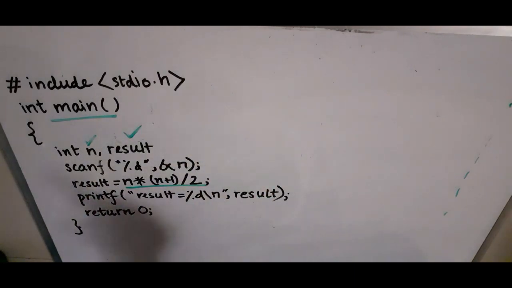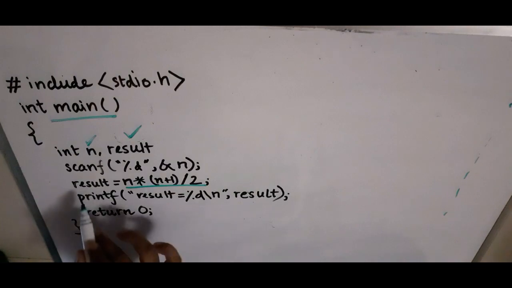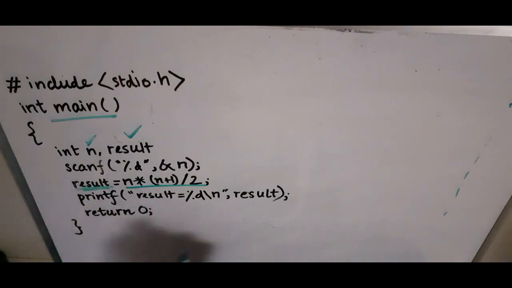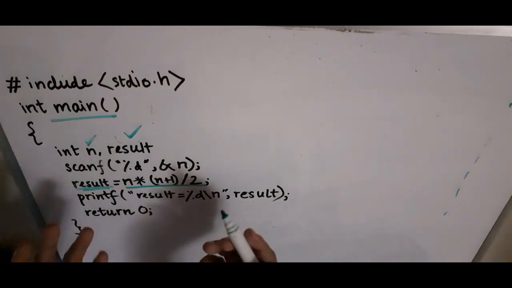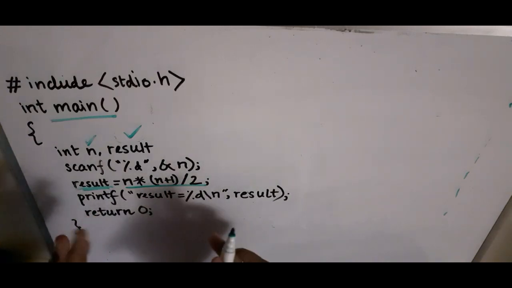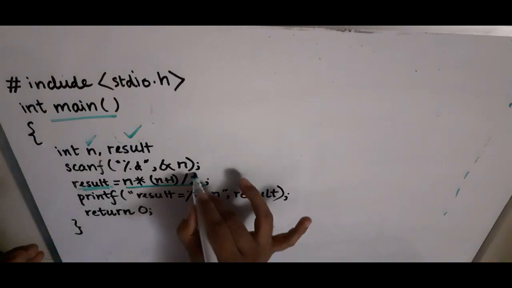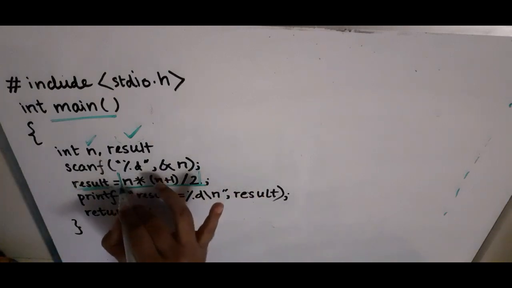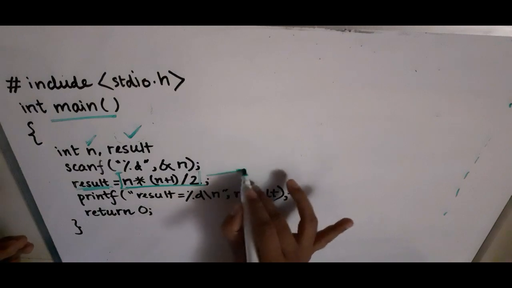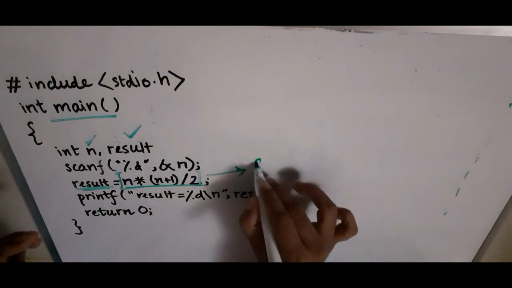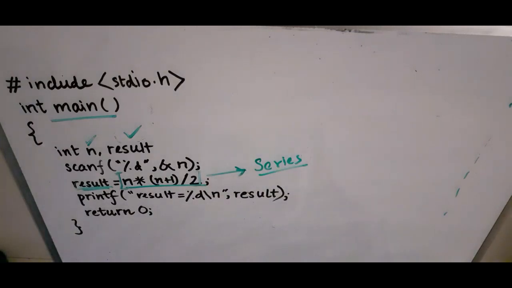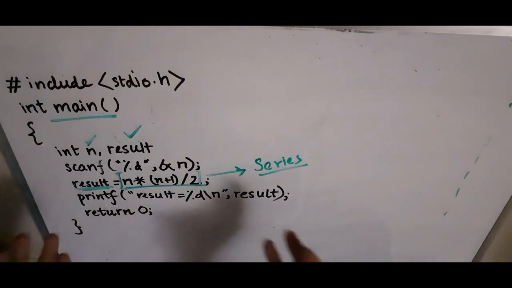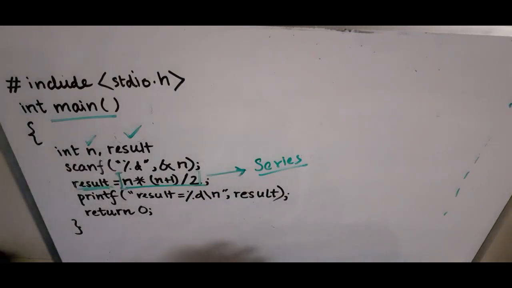If we observe carefully, what we are trying to do is find out the result of this operation, right? If we observe carefully, we can say it's a series where some operations are taking place.